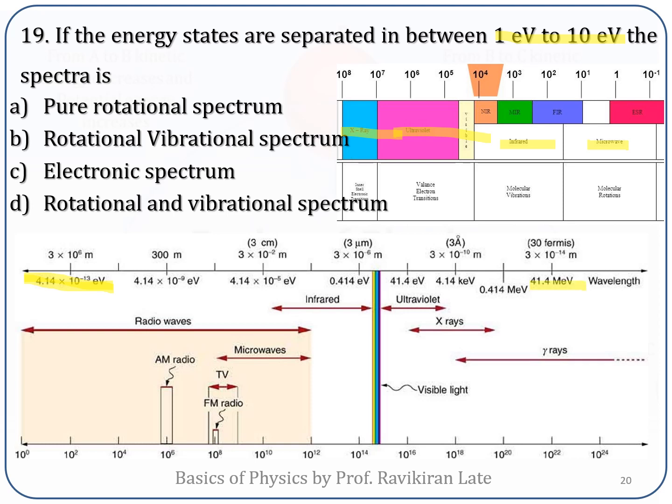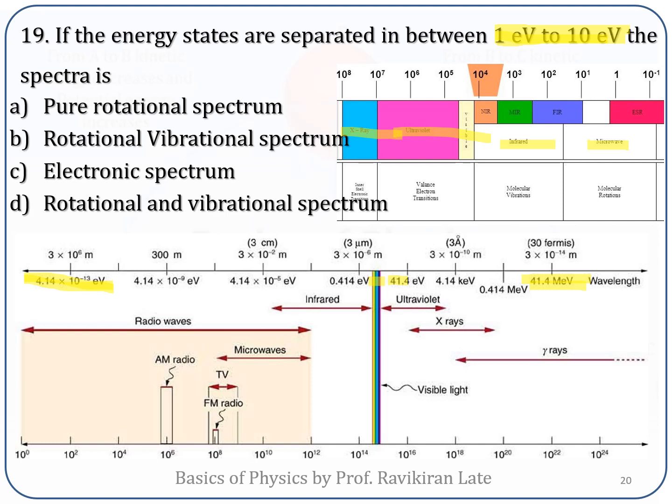The energy scale runs from 10 raised to minus 31 electron volt to the mega electron volt. In this case, the energy given is of the order of a few electron volts, 1 electron volt to 10 electron volt. 1 electron volt comes in the visible range, and 10 electron volt comes in the ultraviolet region.